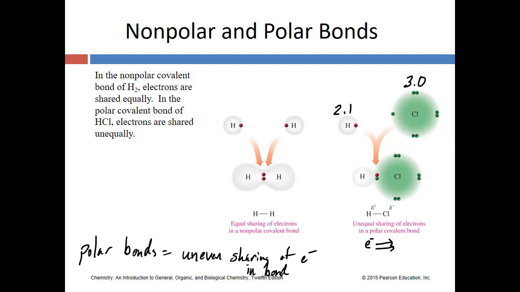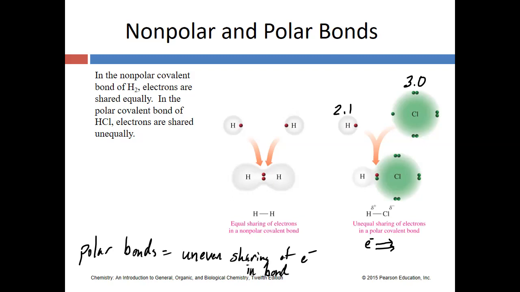Not enough to become ionic. We're not talking about a transfer of electrons here, but enough that we can definitely notice that the sharing is uneven. It's distorted. It's definitely pushed in one direction more than the other.